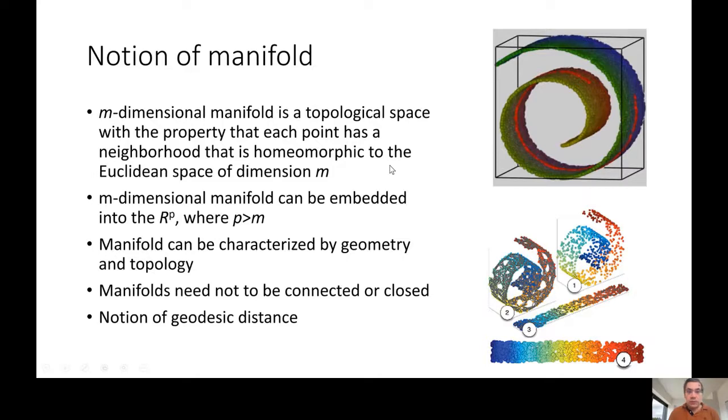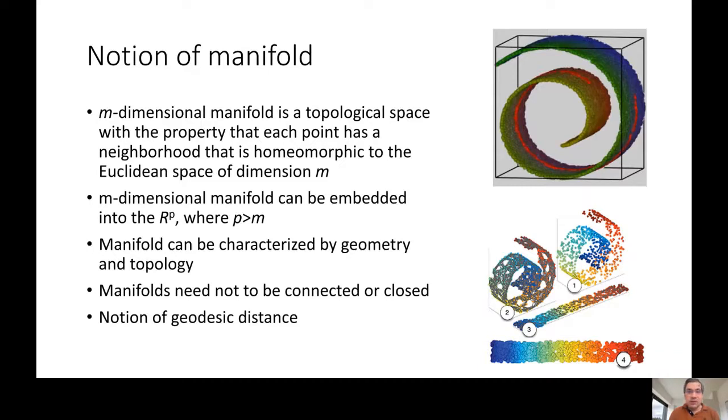When we talk about manifolds, we have to distinguish the notion of geometry and topology, even though sometimes these two things are mixed up in scientific articles or in descriptions of methods.